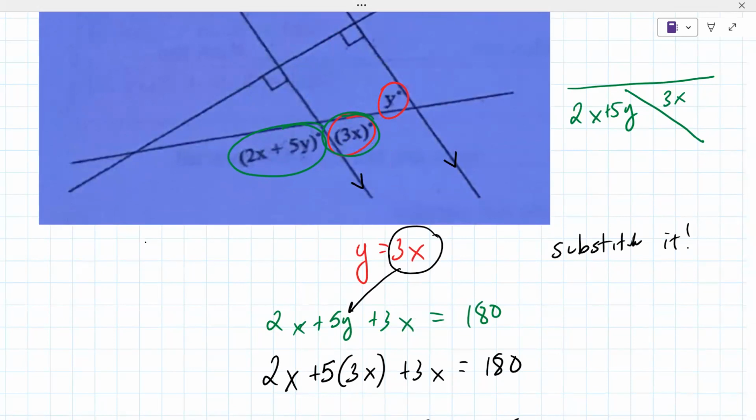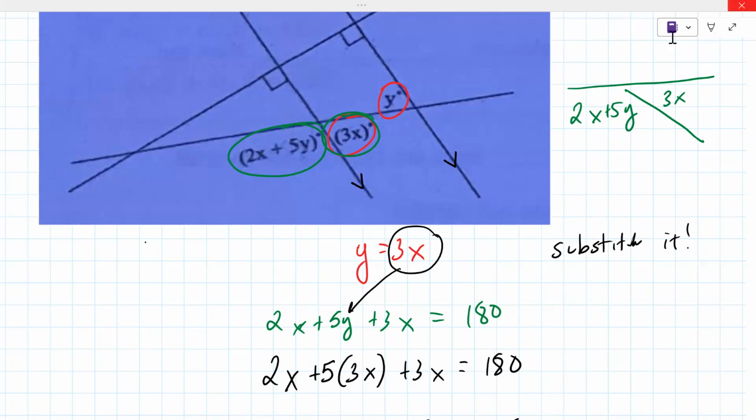That would probably be the best one to try. 5 times 9 is 45, plus 5x equals 180, minus... 135. 27.